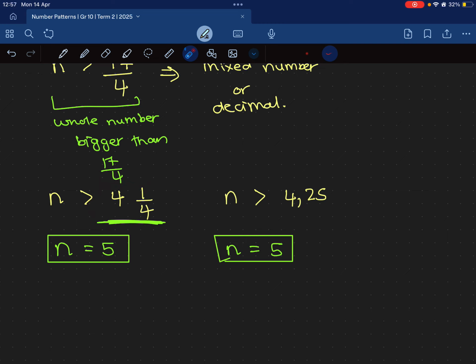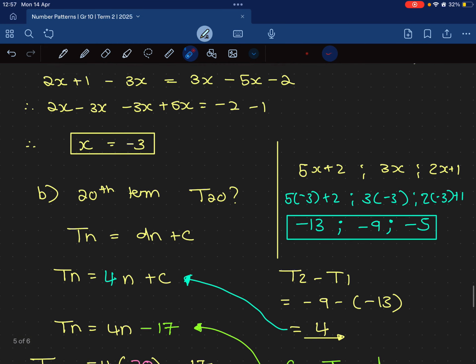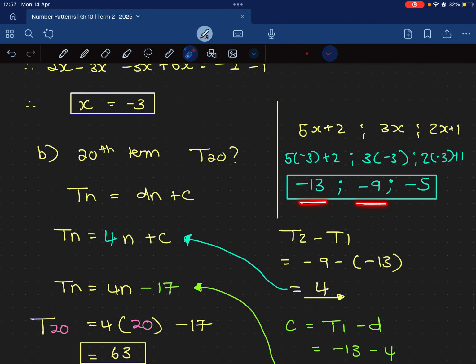Okay, so this one is a little bit tricky, but you can also see that it's the fifth term. So if you actually just kept adding to this, minus 13, minus 9, minus 5, you could just keep going until you get to the first positive number, which would be 3, which is the fifth term.